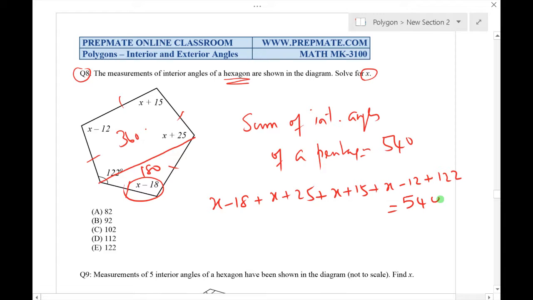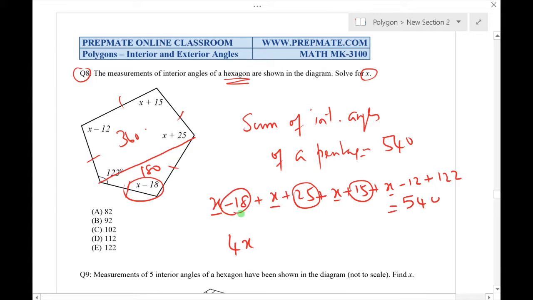Very simple. Now combine the like terms. There are 1, 2, 3, 4, so 4x. And then don't try to add the numbers randomly. In many of the tests, the numbers are very easy to combine or cancel. You have positive 25 and positive 15, that's going to be positive 40.